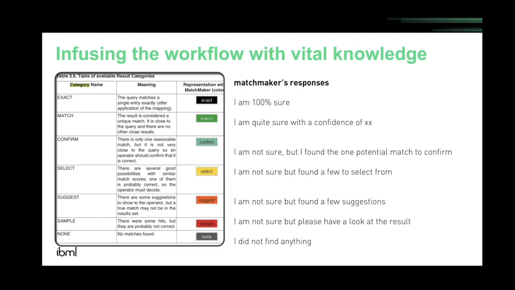So it's quite sure. Then we have the confirmation that could be helping in a semi-automated correction in the quality control area, saying here, I have a few to select from. I have some suggestions and I have some samples where I'm not sure, but please have a look at the result, which can optimize your workflow.